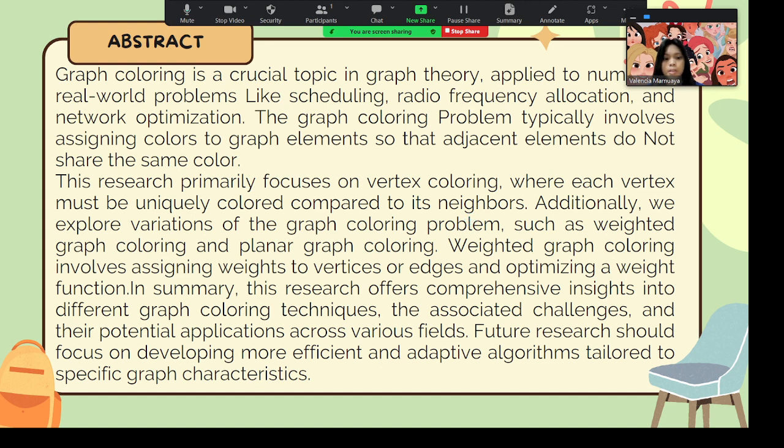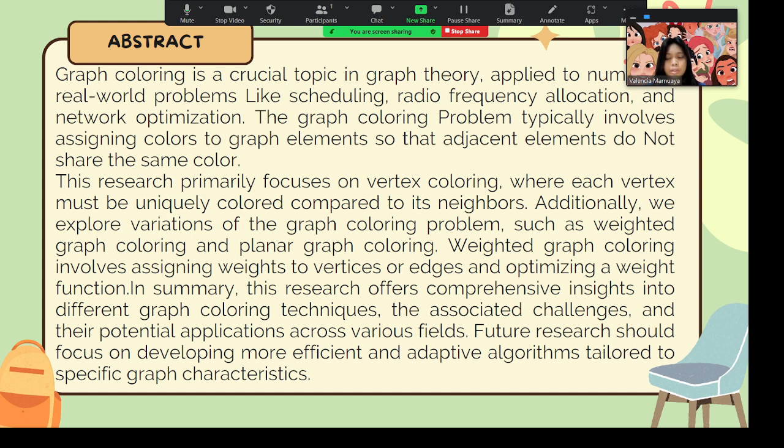Graph coloring is a crucial topic in graph theory, applied to numerous real-world problems like scheduling, radio frequency allocation, and network optimization. The graph coloring problem typically involves assigning colors to graph elements so that adjacent elements do not share the same color.